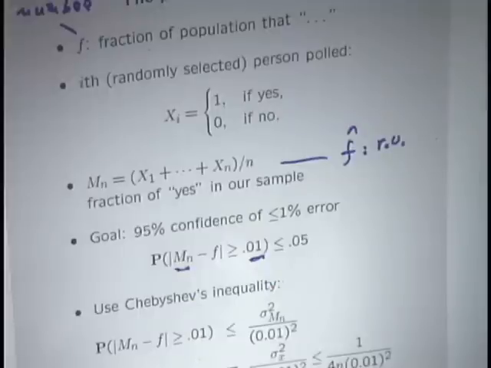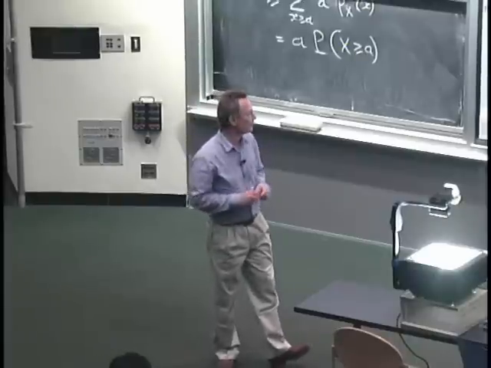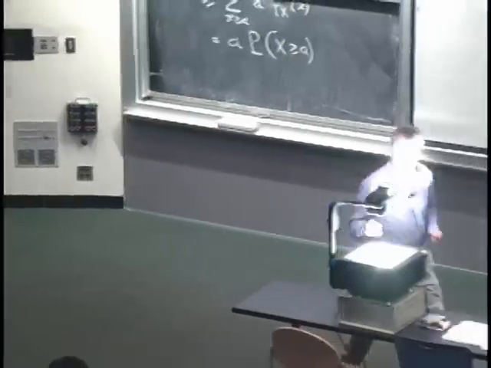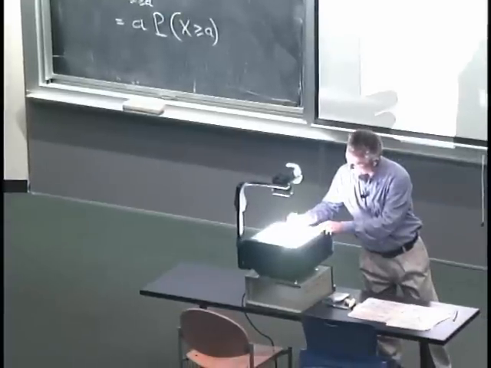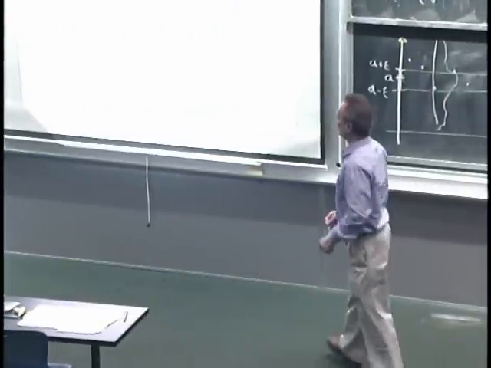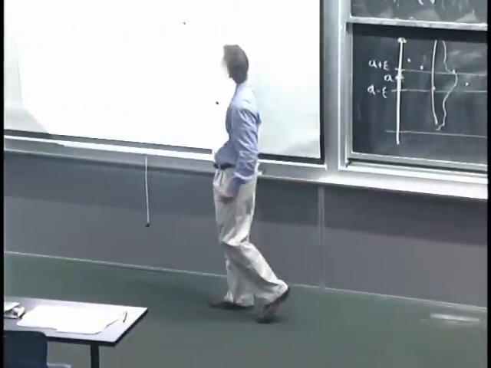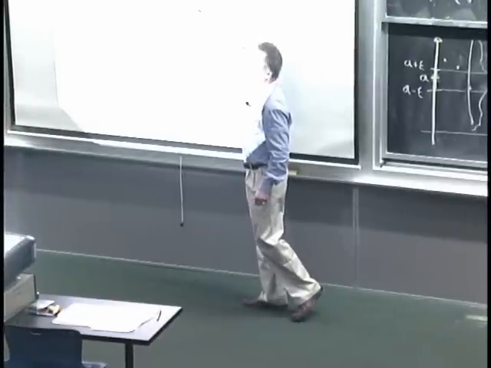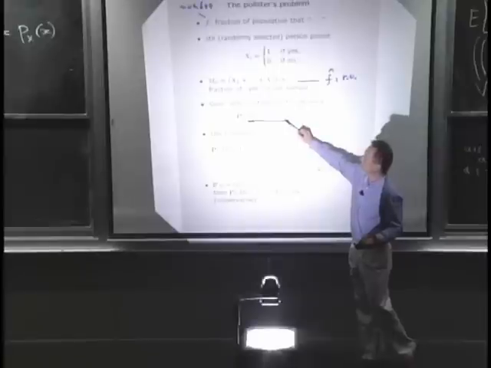Well, there's no guarantee that my answer will be within 1%. Maybe I'm unlucky and I just happen to sample the wrong set of people and my answer comes out to be wrong. So I cannot give you a hard guarantee that this inequality will be satisfied, but perhaps I can give you a guarantee that this accuracy requirement will be satisfied with high confidence.